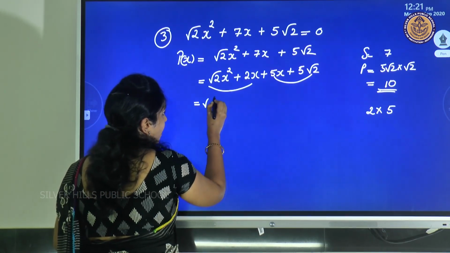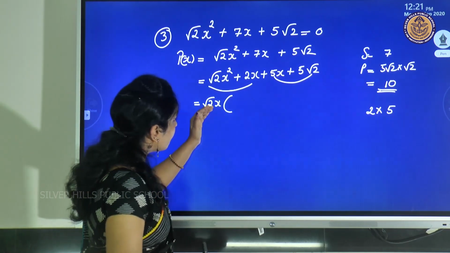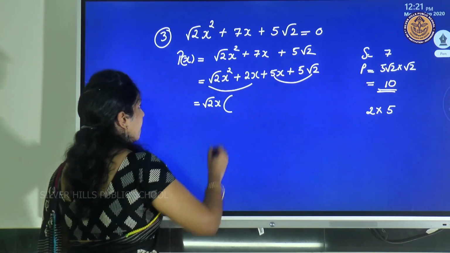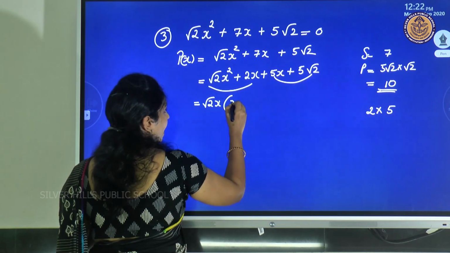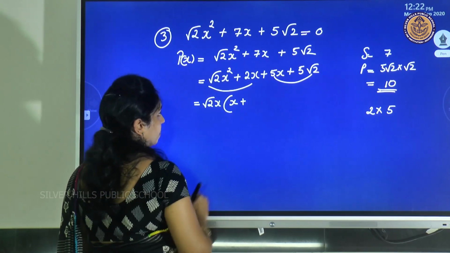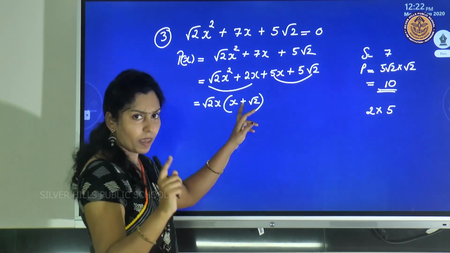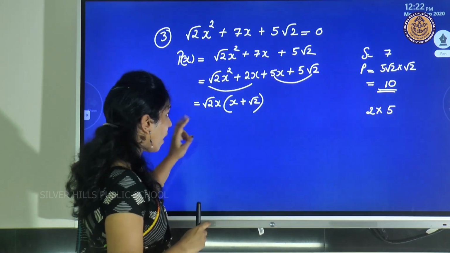So I am going to take root 2x outside. So if I take root 2x outside, here x remains, and what remains here? Plus root 2 remains.